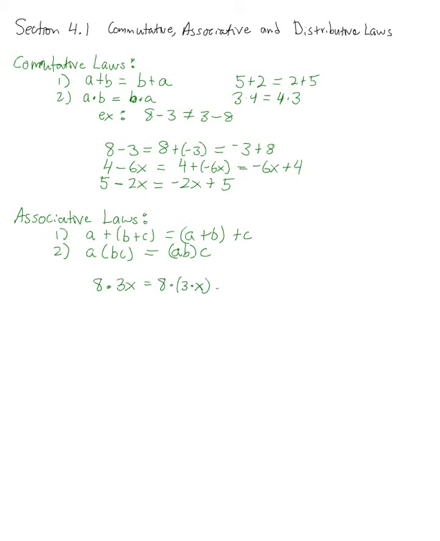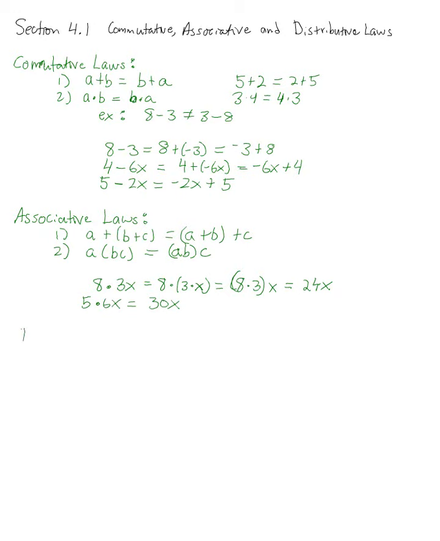But what the associative property says I can do is switch the grouping, and I can write 8 times 3, which is 24, x. All right, so again, when you do this, I'm not going to really expect to see all these intermediary steps. If you have something like 5 times 6x, I'm going to expect you to just write it as 30x.